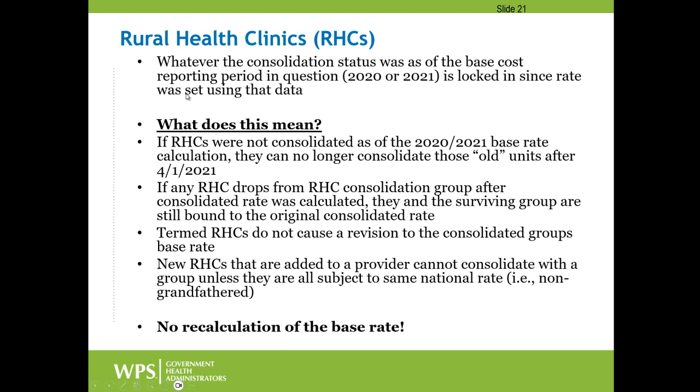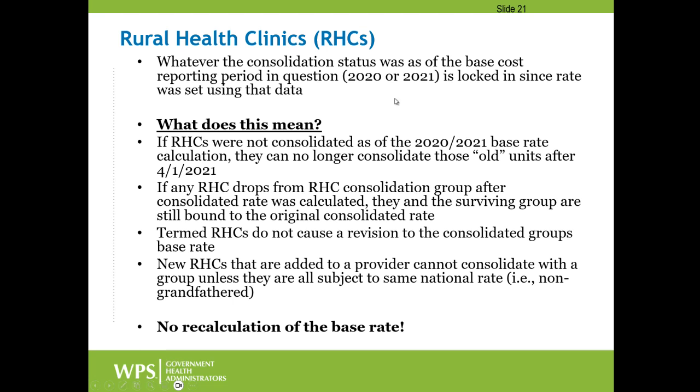The answer pretty clearly is whatever the consolidation status was as of that base cost reporting period in question, the 2020 or 2021, that cannot change after that fact. It's locked in because the rate was set using that data. And again, we might have a group of 2020, we might have a group of 2021 as well, but whatever rate was being used, that's locked in.